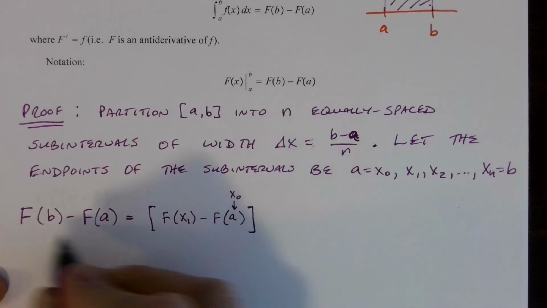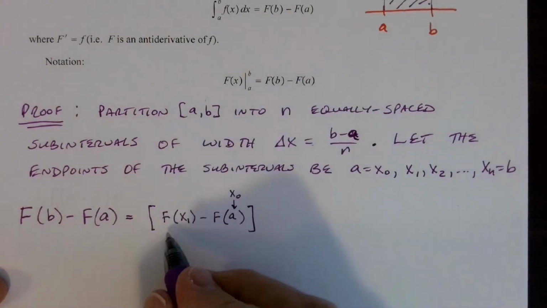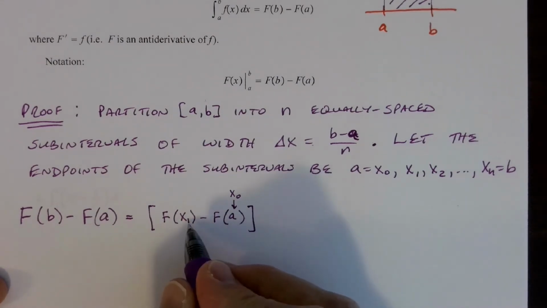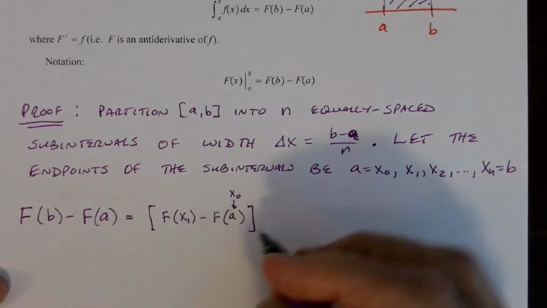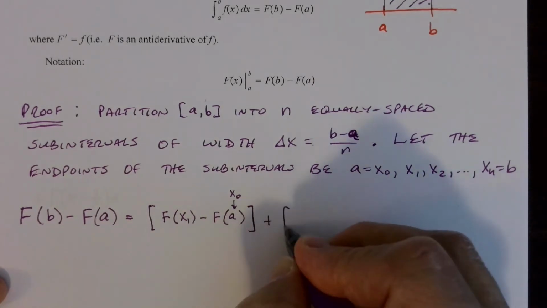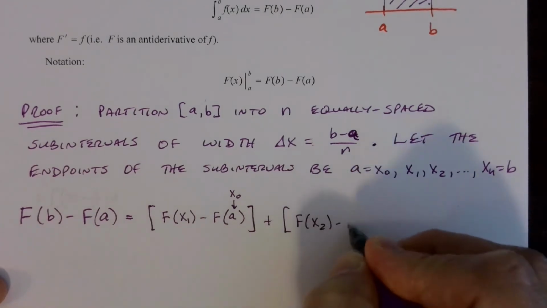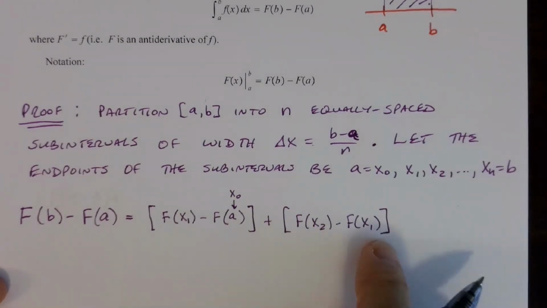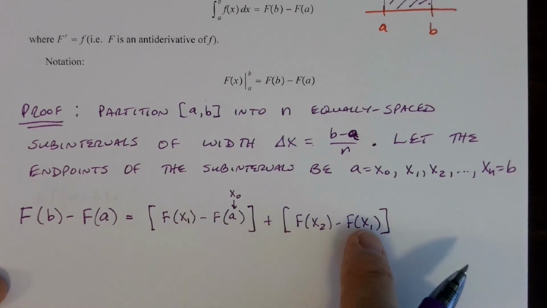This is just the difference of the function capital F at the endpoints of the first subinterval, right, which goes from x sub 0 to x sub 1. And then I'm going to add the second subinterval, F of x sub 2 minus F of x sub 1. The second subinterval's endpoints, if you will. I'm going to subtract in that order, basically the right endpoint minus the left endpoint in each case.